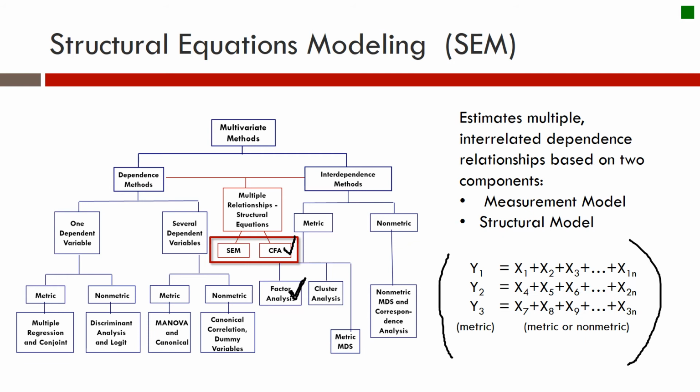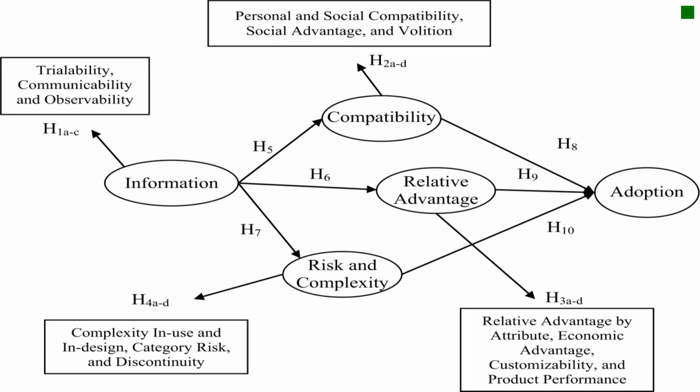In a CFA, we actually specify how we think, by theory, a model should look, and then we test it using a confirmatory factor analysis, which is another application of structural equation modeling. Okay, so there are a whole bunch of methods here. It's clear that you have a lot of tools in your toolbox if you use all of these.